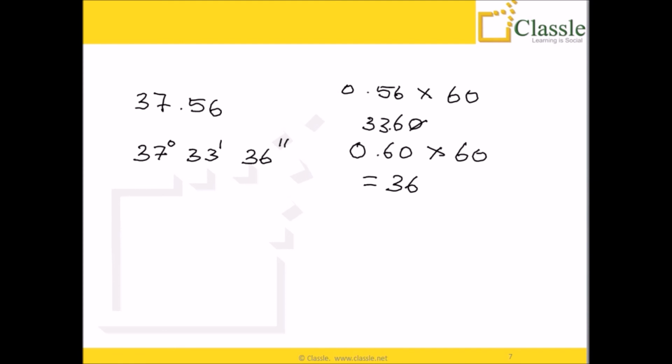So whenever you have something like 37.56, you first take this, represent it as the degrees, and then the fraction you multiply by 60, take the whole number part of it, the integral part, and that is the minute, and then you take the fraction and multiply it by 60.